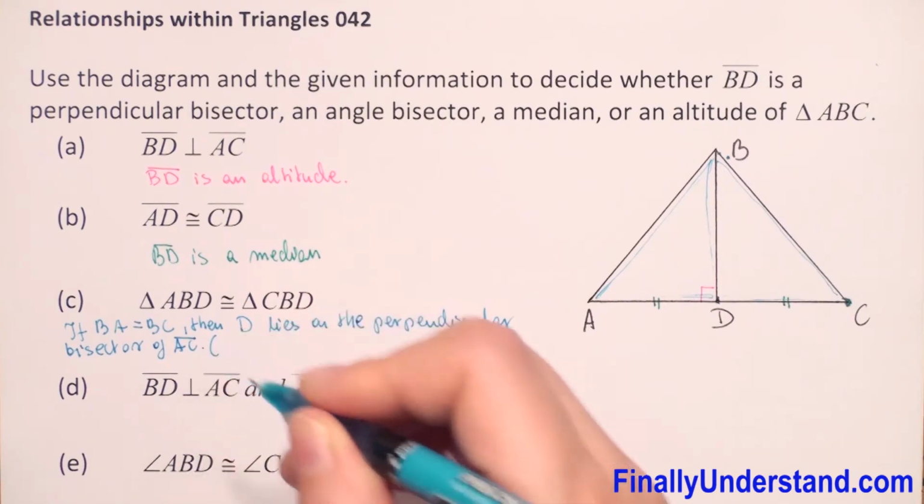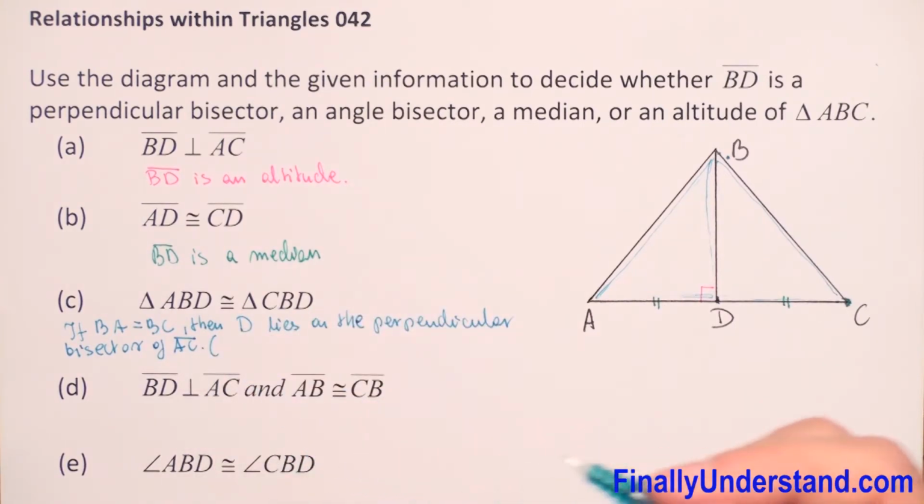Thus we have the converse of the perpendicular bisector theorem.